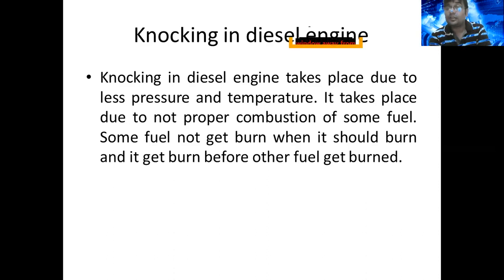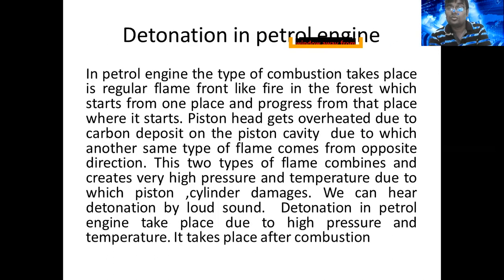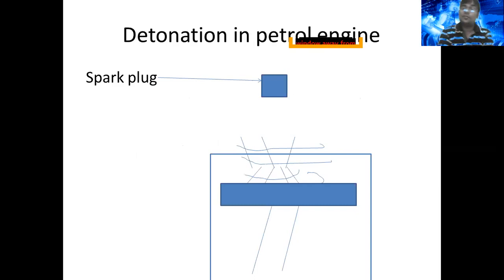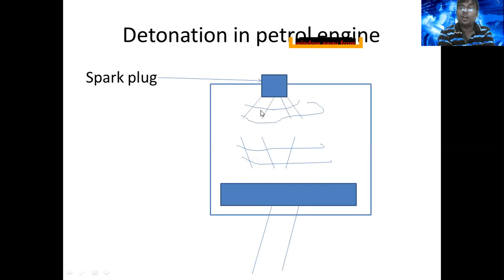See, what I want to show you from the past thing. Here what is happening is, at the end of the spark plug, a flame is coming from here, and opposite to the piston another flame is coming. Suppose knocking started while you are going in a vehicle. How can you protect it? Knocking has already started and you came to know by the loud sound that knocking has started. How can you protect it?